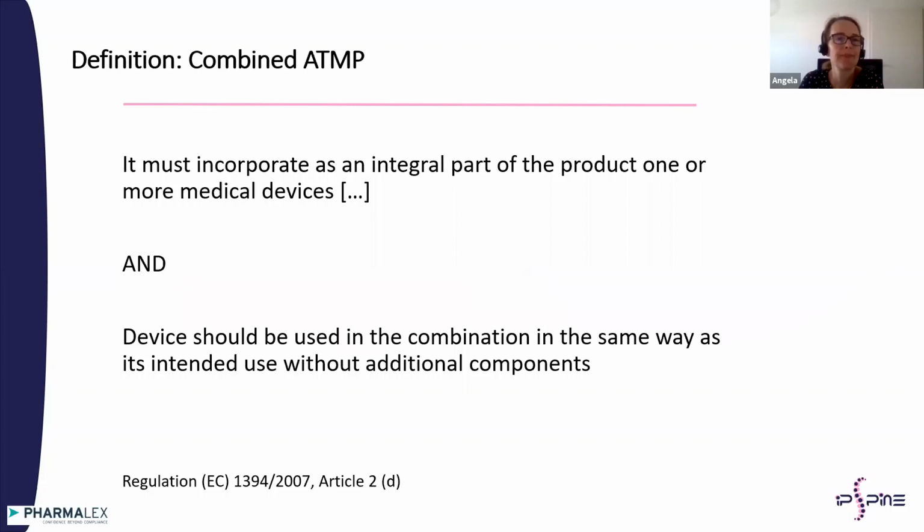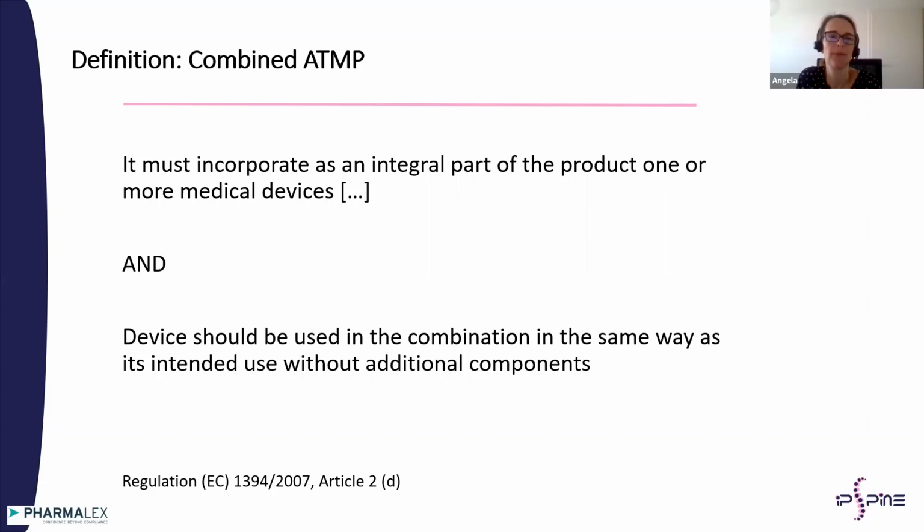By definition, a combined ATMP must incorporate as an integral part of the product one or more medical devices. And this is important, the device should be used in the combination in the same way as its intended use without additional components. So typically you certify the medical device separately first and then incorporate it into the combined ATMP.